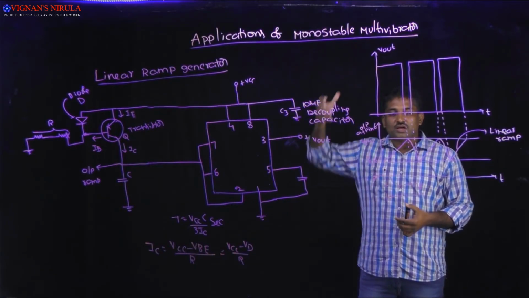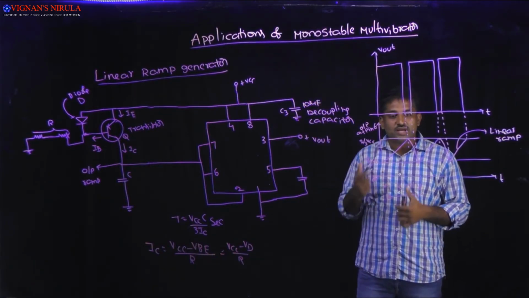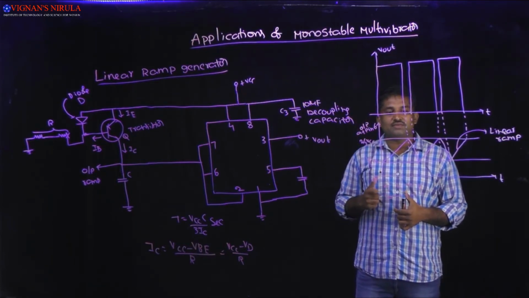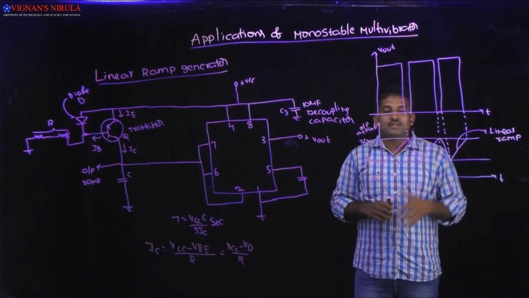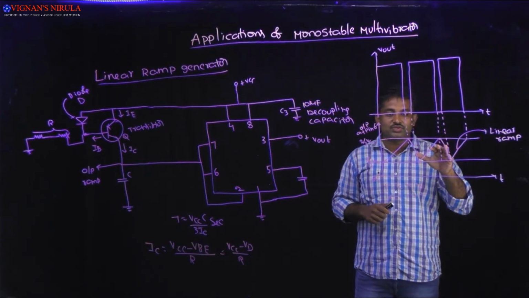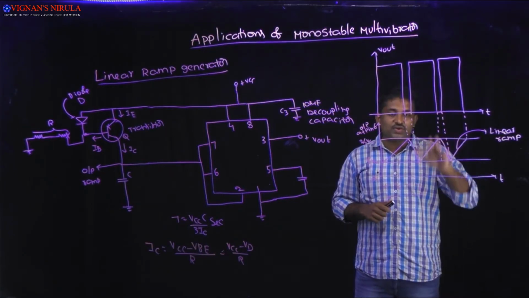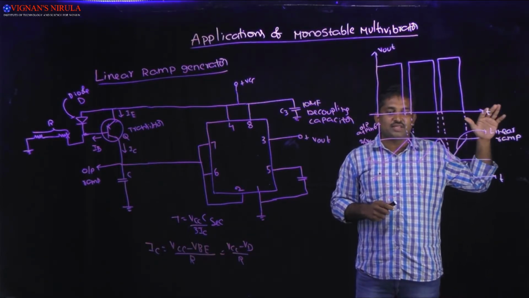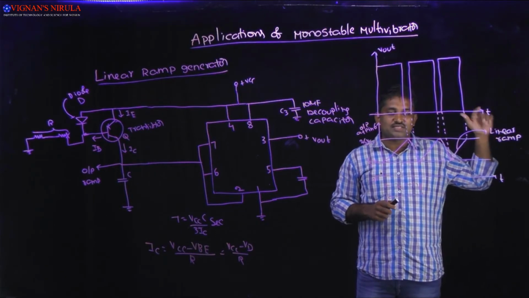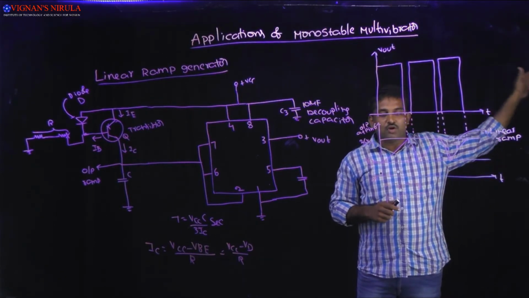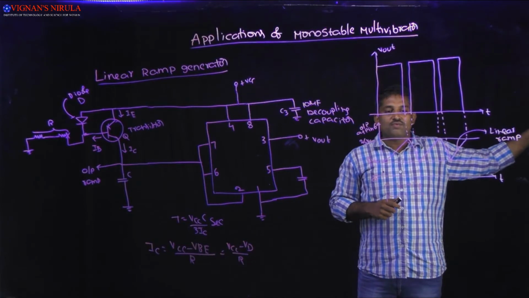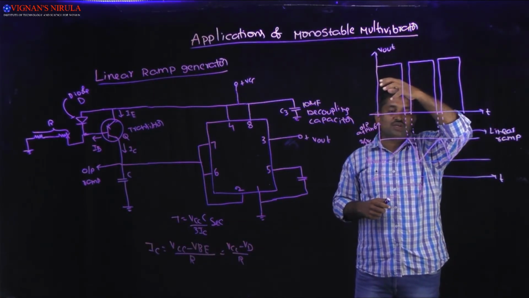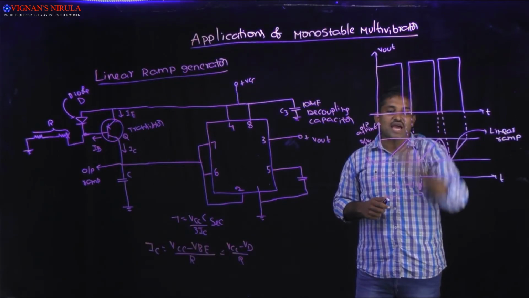While the capacitor is charging, once the threshold value reaches 2/3 VCC, what happens? Comparator 1 generates the output as plus Vsat, and it is applied at the SR flip-flop S input, and we get the output Q as 1. When Q is equal to 1, it immediately drives the Q1 transistor into saturation.